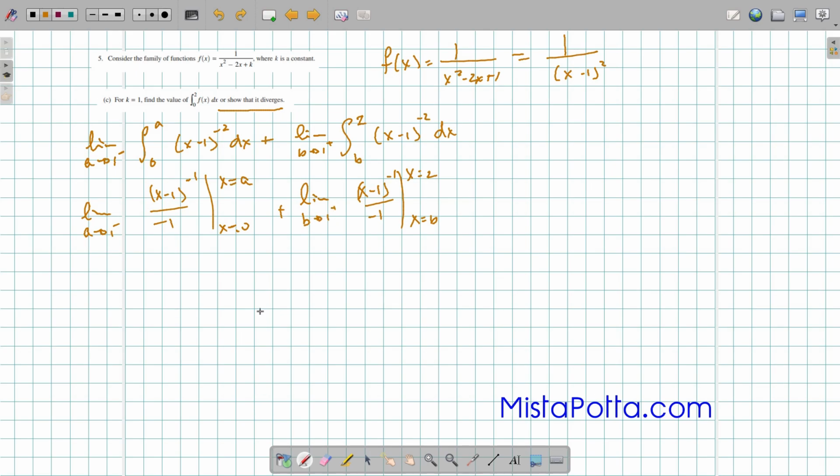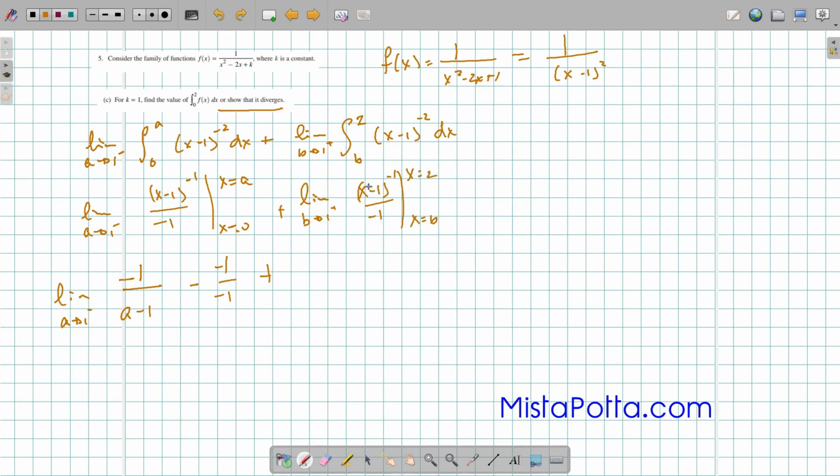So if I take a look at what I've got here, substituting in, that's going to be a minus 1, the reciprocal, negative. So it's going to be negative 1 over a minus 1, the limit as a approaches 1 from the left, minus, substituting a 0, this is just going to be negative 1 over negative 1, plus, now I'm going to evaluate this at 2.